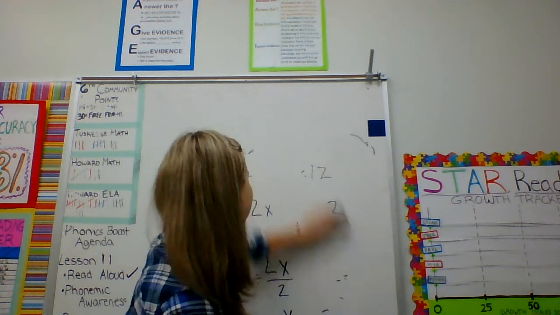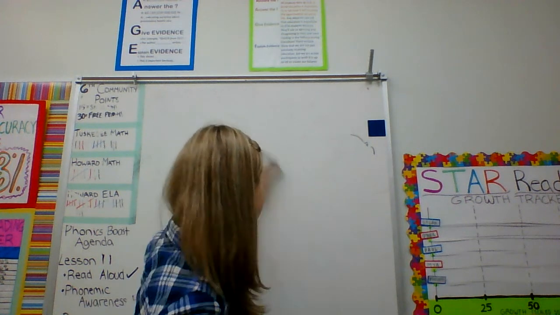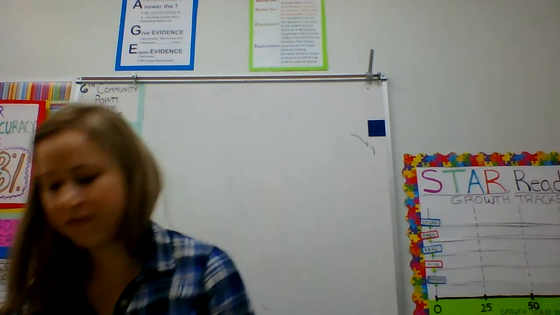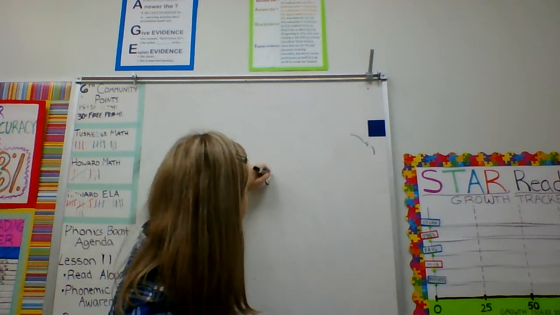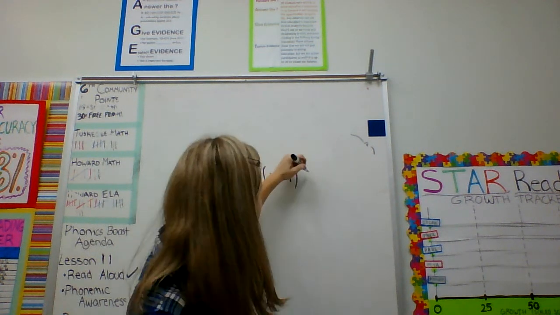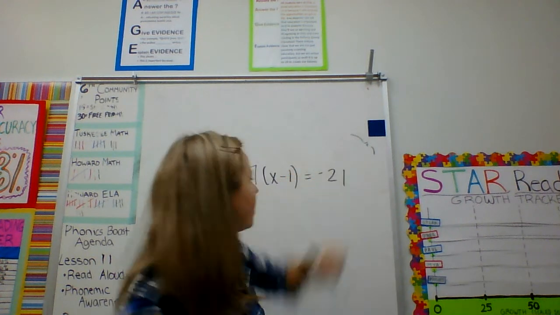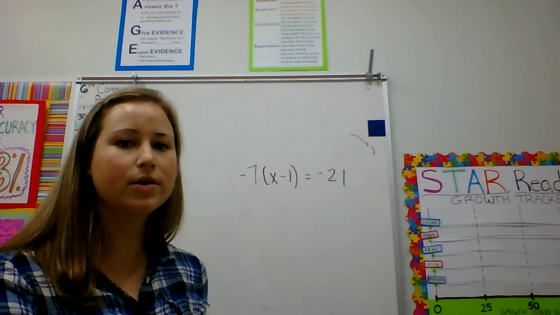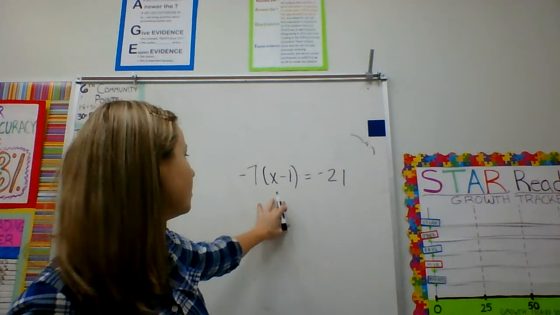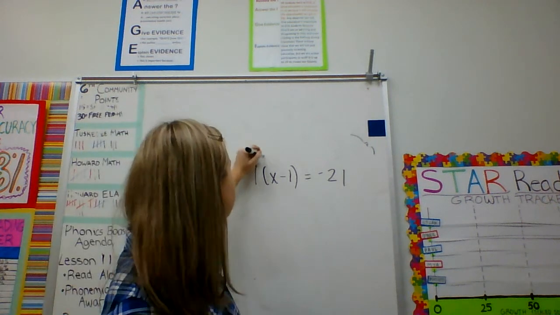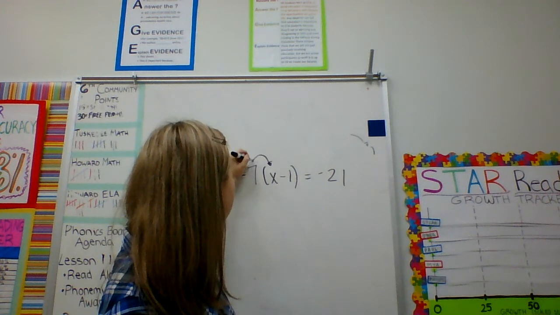All right, we're moving on to some harder examples. Number 5, we have -7 times x minus 1 is equal to -21. First thing I'm always going to do when I see those parentheses, I need to simplify this side of my equation first by using the distributive property.